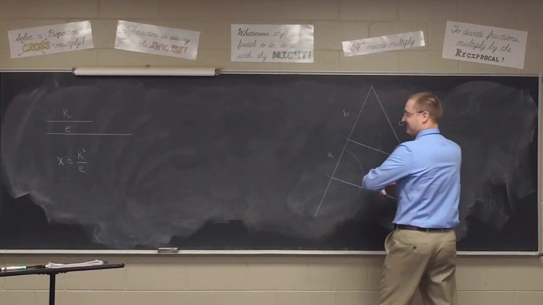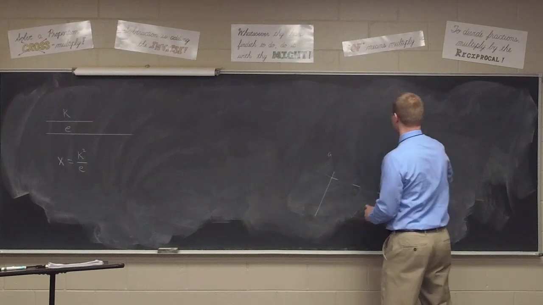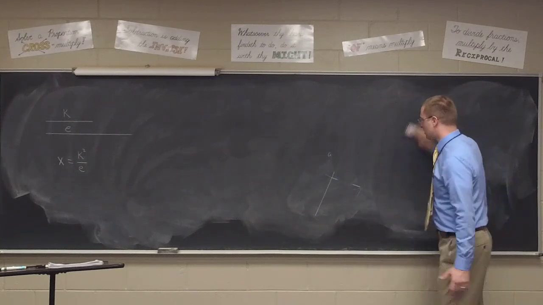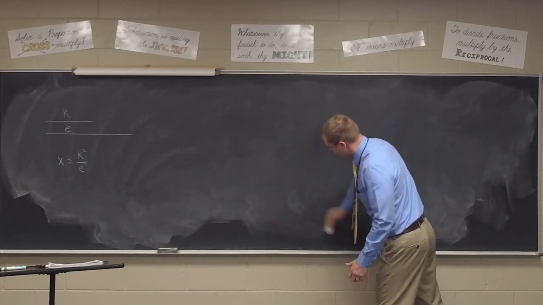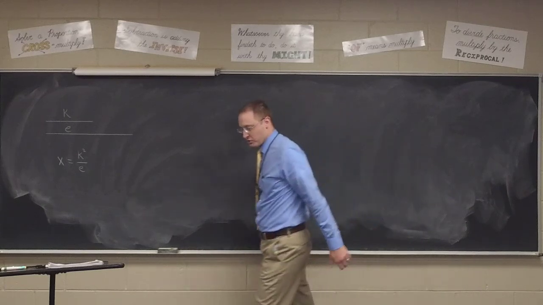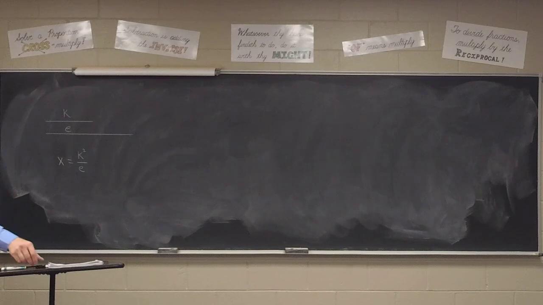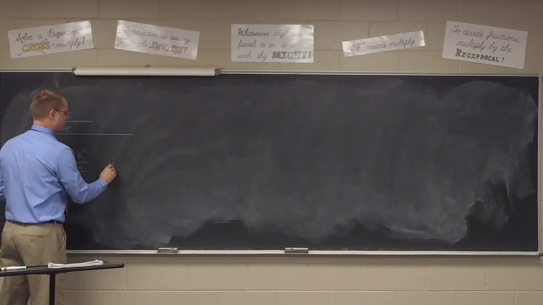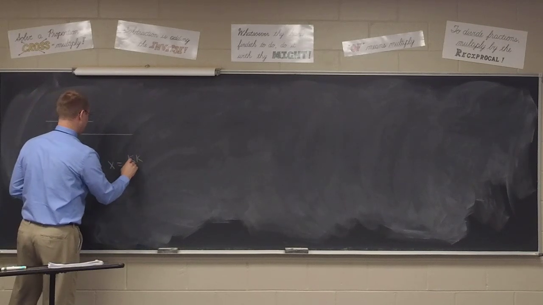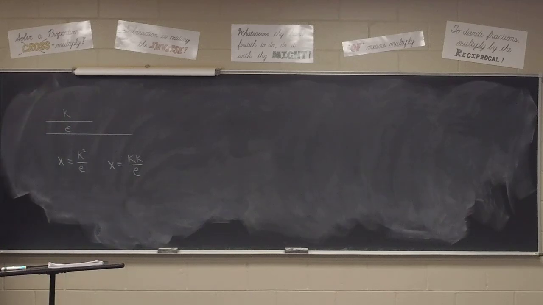Well, squaring a line, that's just kind of interesting, right? I'll do it. What? 2 Ks. Okay, so there's a thought. So really what we're saying is that X is equal to KK over E. Whoa. It's okay, there's only 2 of them, right? We didn't cube it or anything, calm down. All right, so it's equal to KK over E. Okay, so continue the thought.